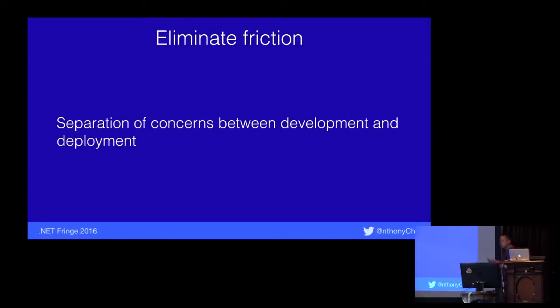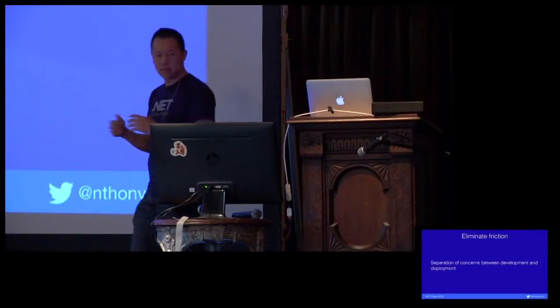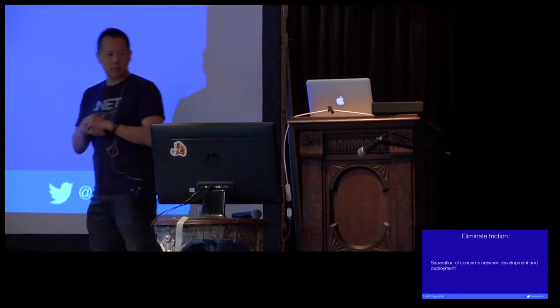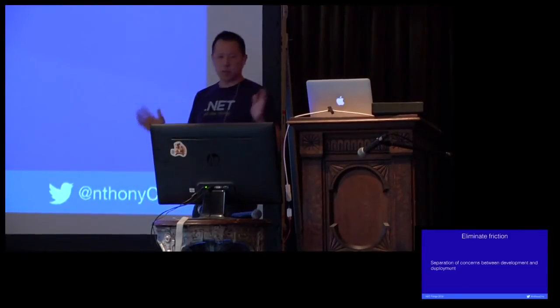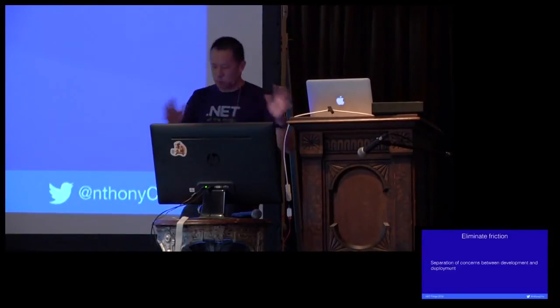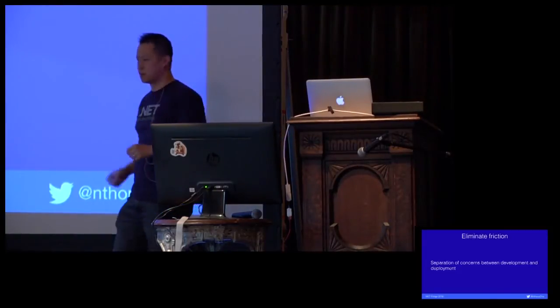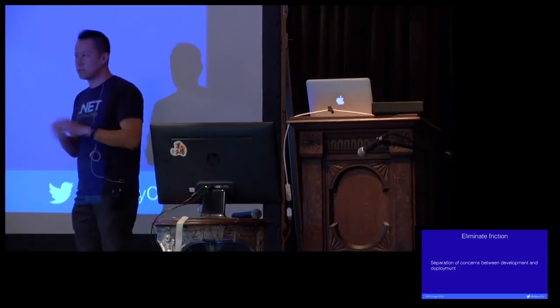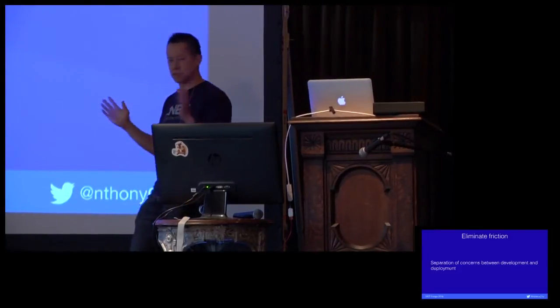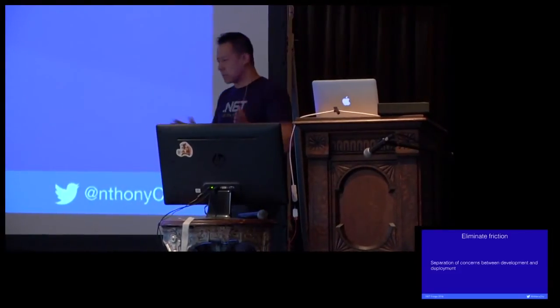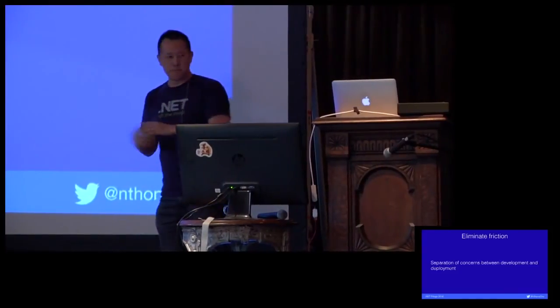One of the biggest advantages of using Docker is the elimination of friction between the development process and the deployment process. Typically, without containers, we build our application, and then when we deploy it, we make sure that the server is set up properly with the right dependencies, the right folders, the right permissions, and all that stuff. So it's difficult to get all the environments the same.